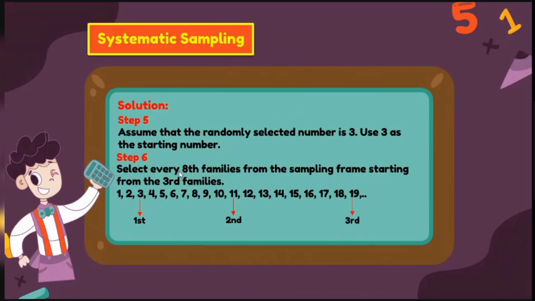So last one, therefore the numbers of sample will be 3, 11, 19, and if we will try to extend itong problem natin or given numbers natin of families, we can still arrive with 27, di ba? Kasi we need to add 8 from 19. And then, syempre, kung gusto mo pang hanapin yung next with 27, you have to add 8 to solve for 35. So this will be the 5th family in this given research or study.